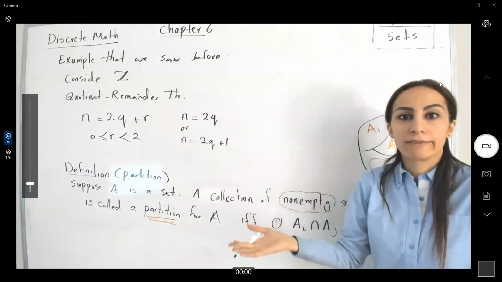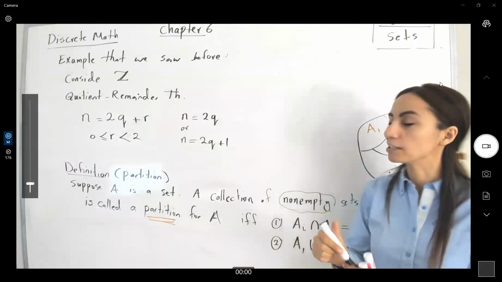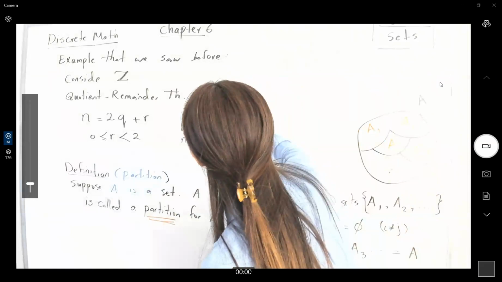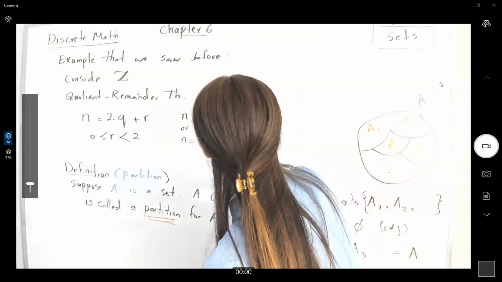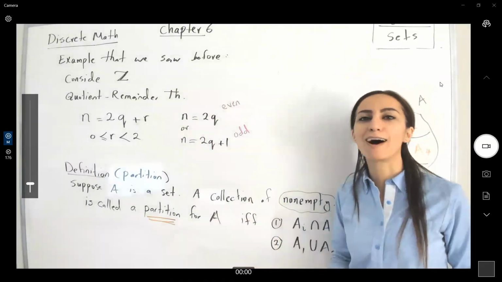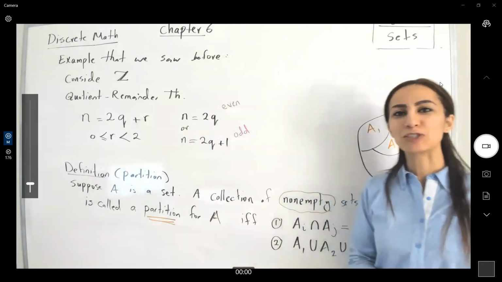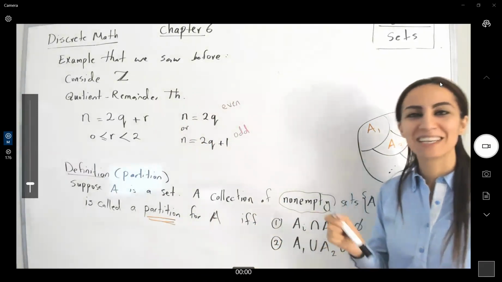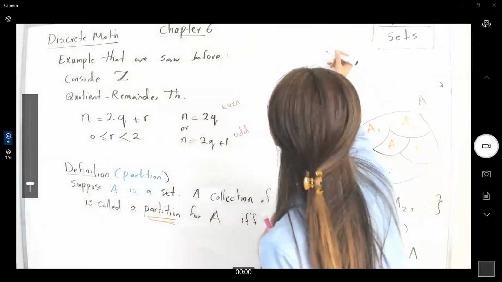So what's the meaning of that? It means that we have even numbers and odd numbers. It means that we can divide up Z into two sets, the set of even numbers and the set of odd numbers.